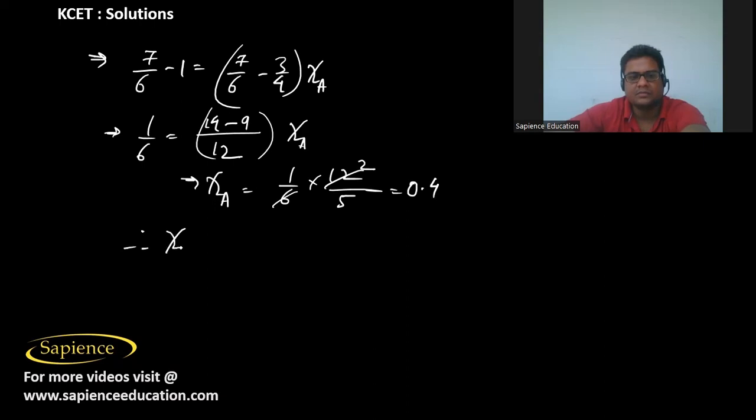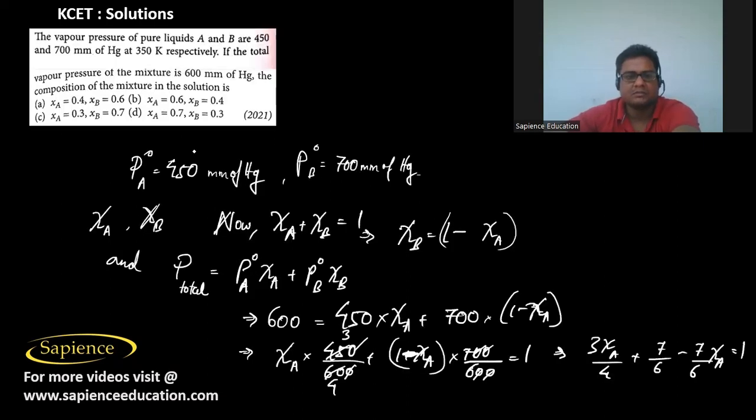Therefore chi B is 0.6. So the mole fraction of A is 0.4 and the mole fraction of B is 0.6. So option A is the correct answer.